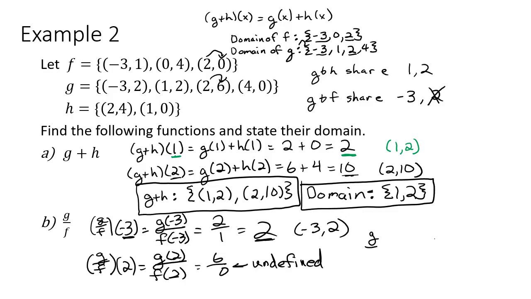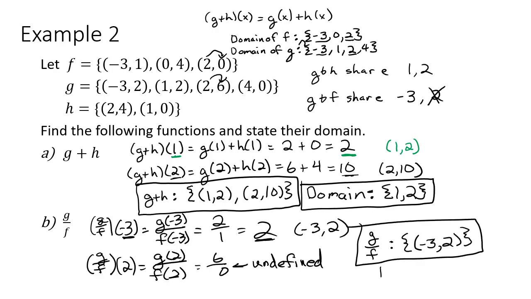Only one thing made it through both. The function G divided by F is just the single ordered pair -3, 2, which means the domain of G divided by F, possible inputs, is just the single number -3.